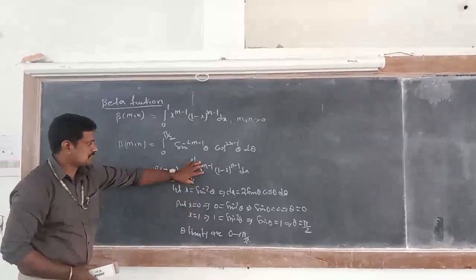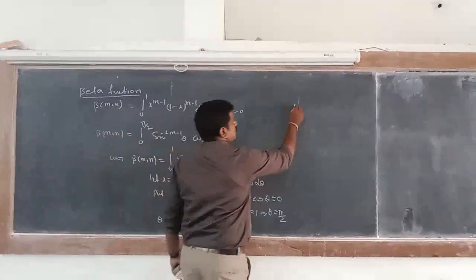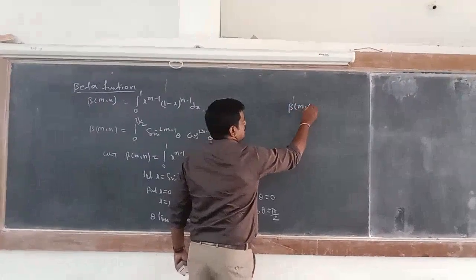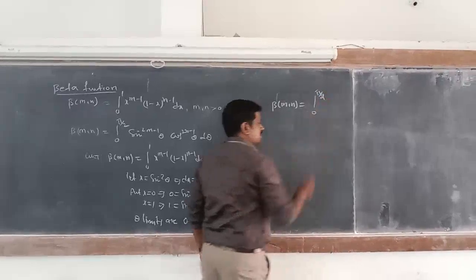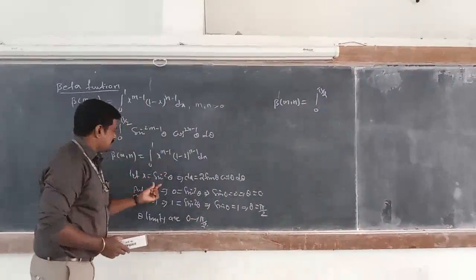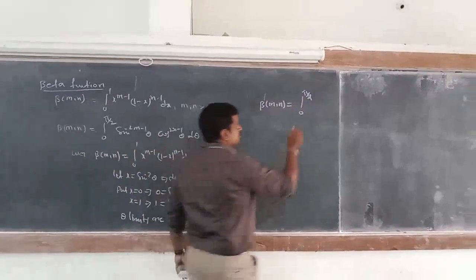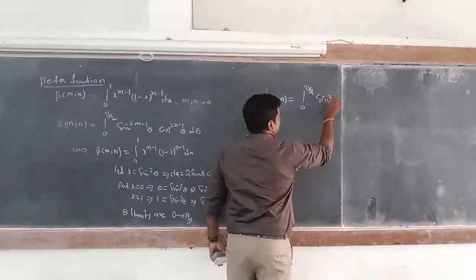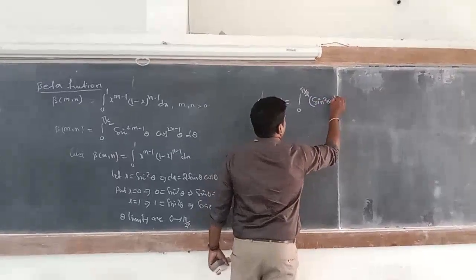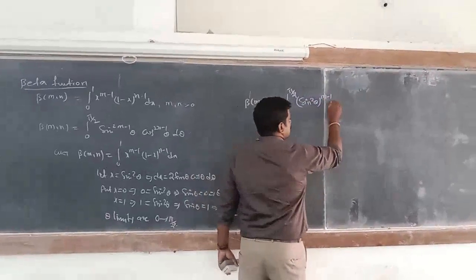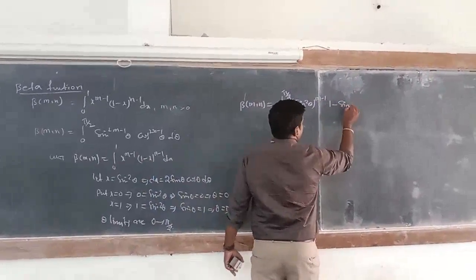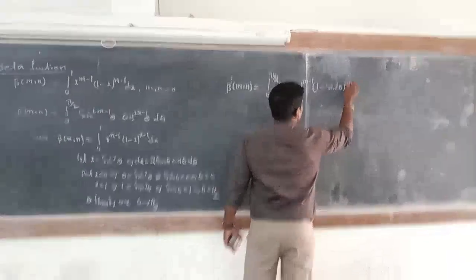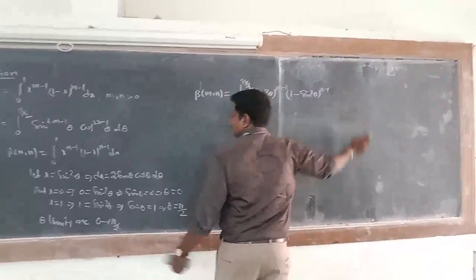Now these substitutions are substituted here. So beta of m comma n is equal to, the limits are 0 to pi by 2. What is x here? Sin square theta. Substitute: (sin square theta) whole to the power m minus 1 into (1 minus sin square theta) whole power n minus 1 into dx.